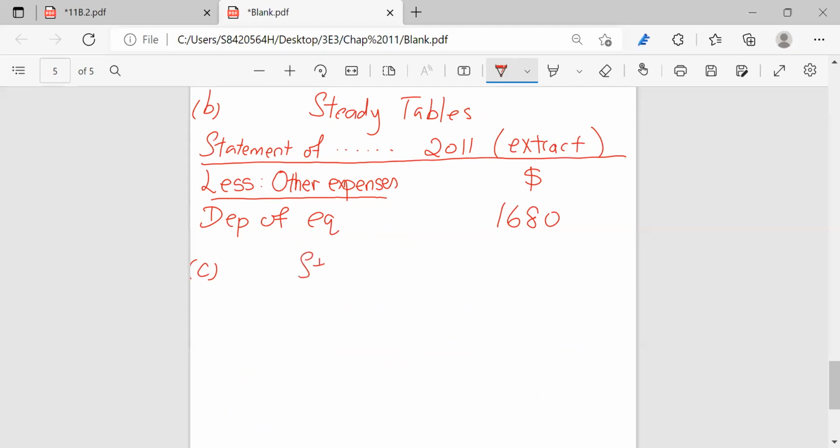Same thing, write the business name, and then do your statement of position. Copy everything and then write the word extract.